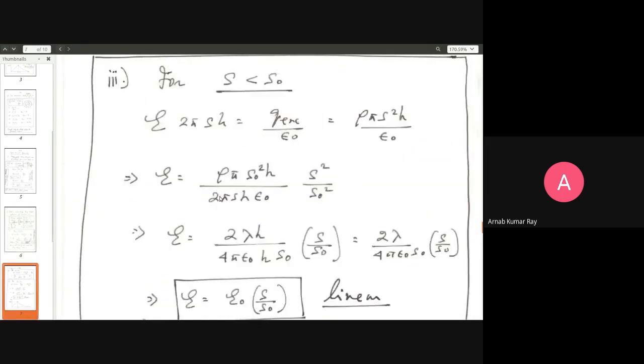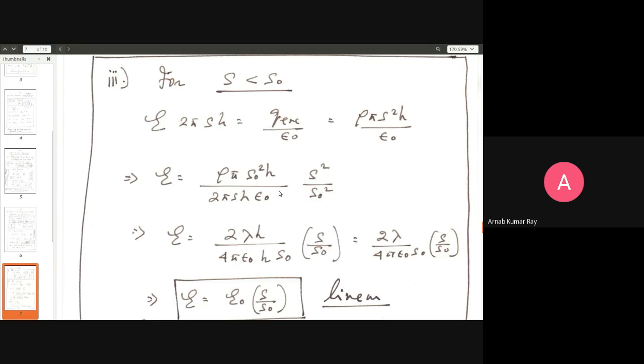We put a 2 here, and we put a 2 in the denominator, so it will be 2 by 4 pi, and this whole thing is now lambda into h by epsilon naught. Then these two h's will cancel, and this s and this s squared will cancel to give you an s.